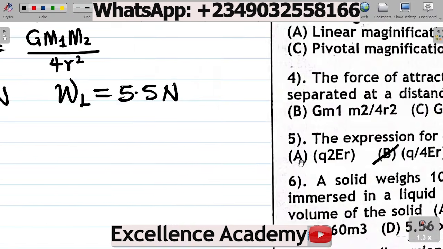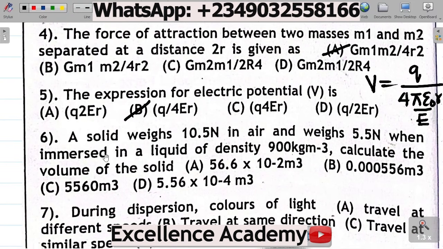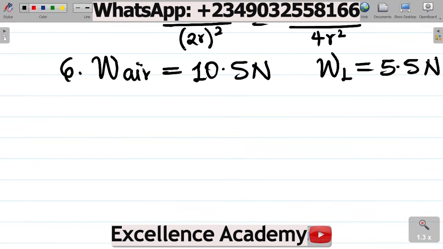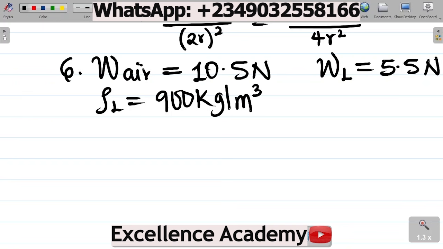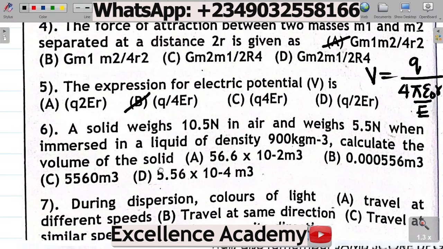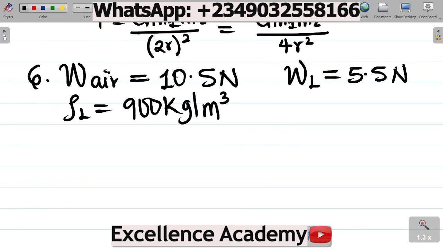Next up, they said in a liquid of density, so the density of the liquid is 900 kilogram per meter cube. And then finally, calculate the volume of the solid. So volume of solid, we call this V of S. Volume of solid is equal to unknown.